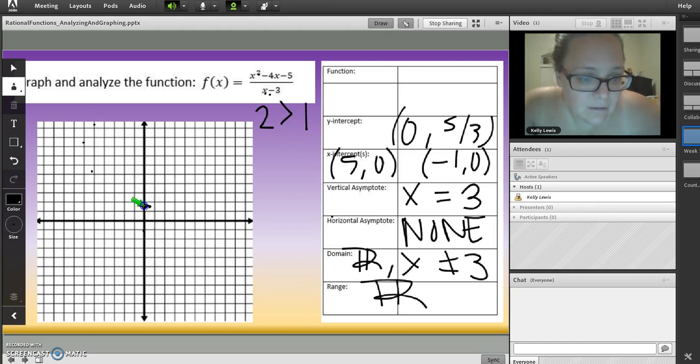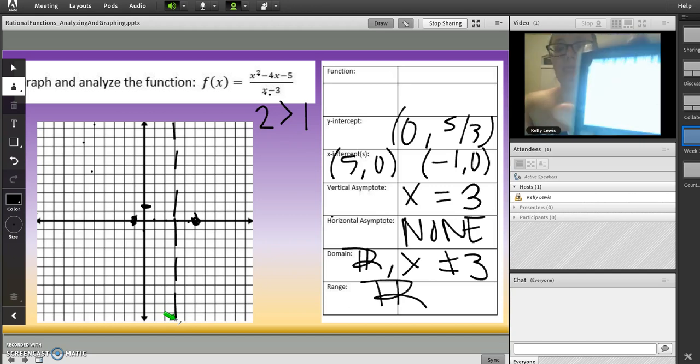All right, y-intercept 5 over 3 is 1 point something. There we go. And then -1 and 5. Vertical asymptote is x equals 3. Okay, and then let's graph it. So the numerator needs to be all in parentheses, and the denominator needs to be all in parentheses.